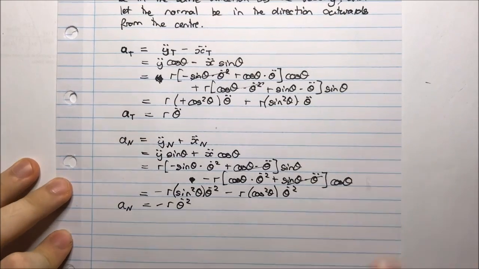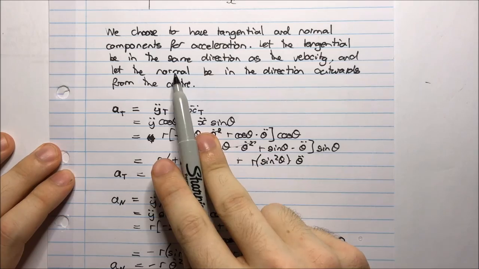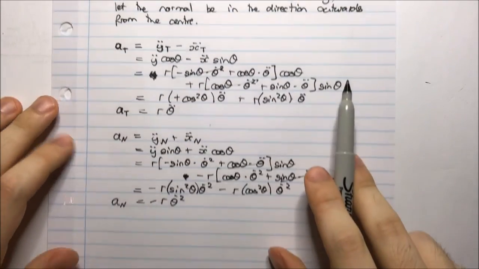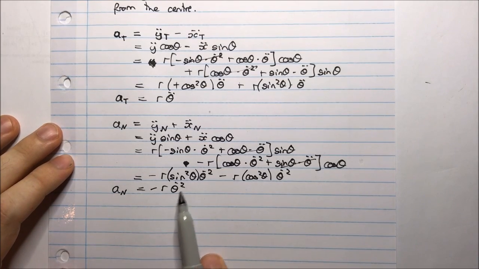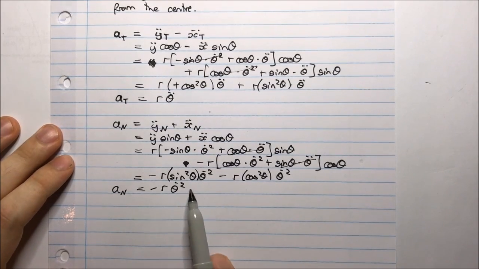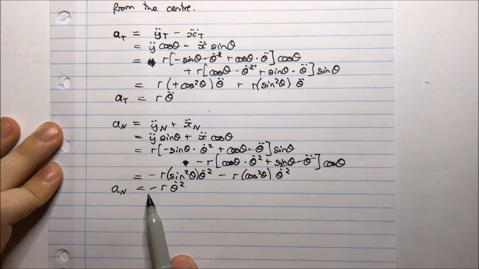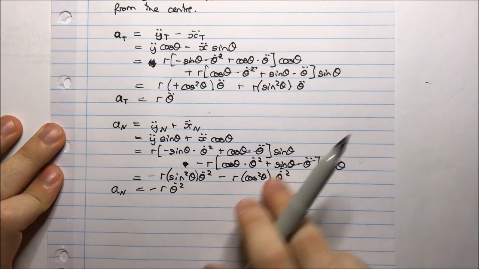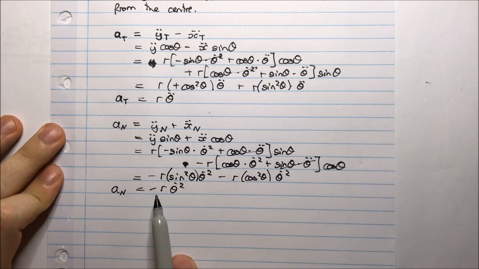Great. Now, we have defined by our own choice to let the normal be in the direction outwards from the center. So, r is obviously positive. Well, the angle, whatever it is, if I square it, it's going to be positive. So this term without the minus is positive, but with the minus is negative. So our direction, although it's pointing outwards, is really inwards, because when we point outwards, it's always negative.